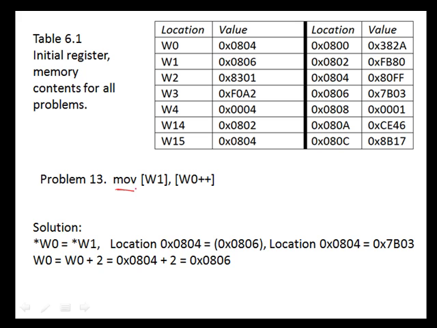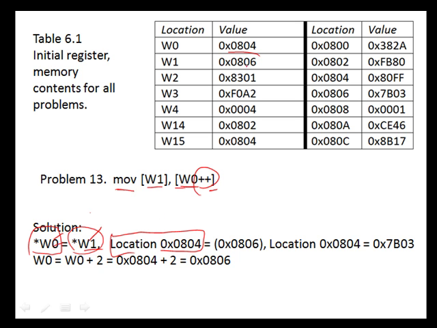Problem 13 says to move W1 register indirect to W0 register indirect with post increment. For the solution, this means that we're going to be writing to the memory location pointed to by W0 the contents of the memory location pointed to by W1. W0 contains 804, so that means that location 804 is being written to.